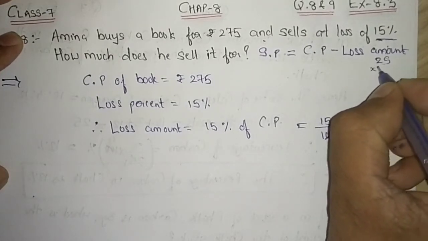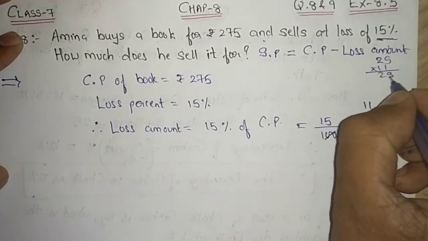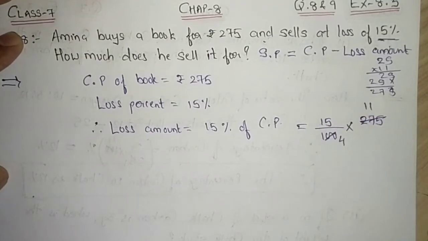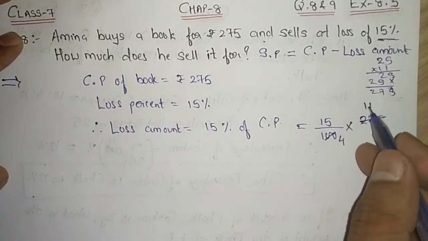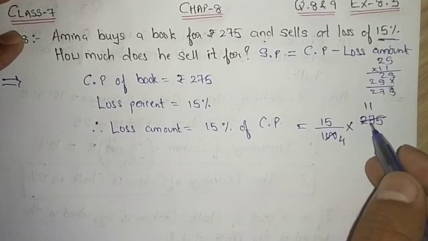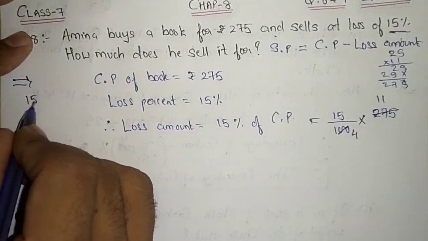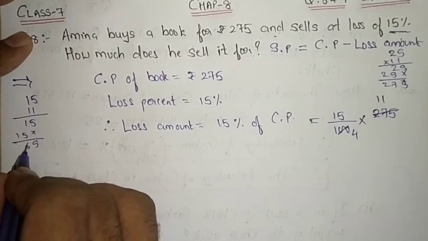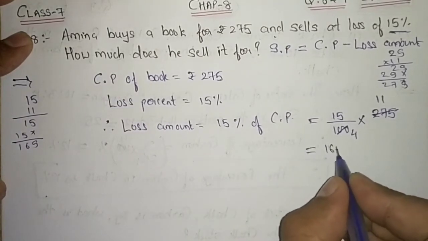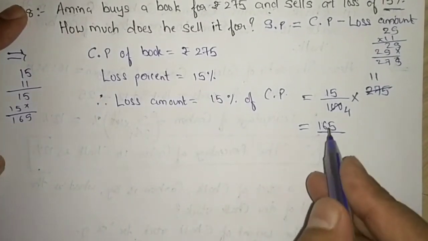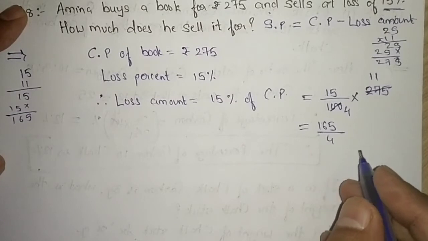Let me solve it here. 25 11s is 275. Now remainder is 15 into 11. Let me solve 15 into 11 here. It is 165 divided by 4. So my loss amount will be 165 by 4.